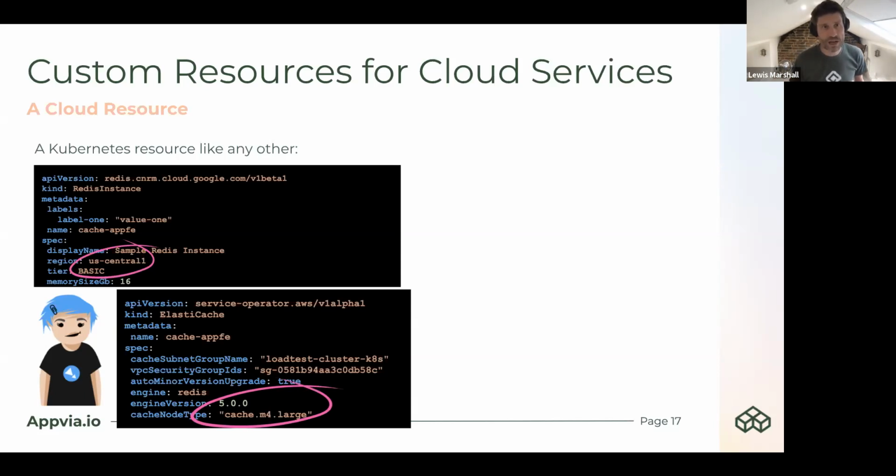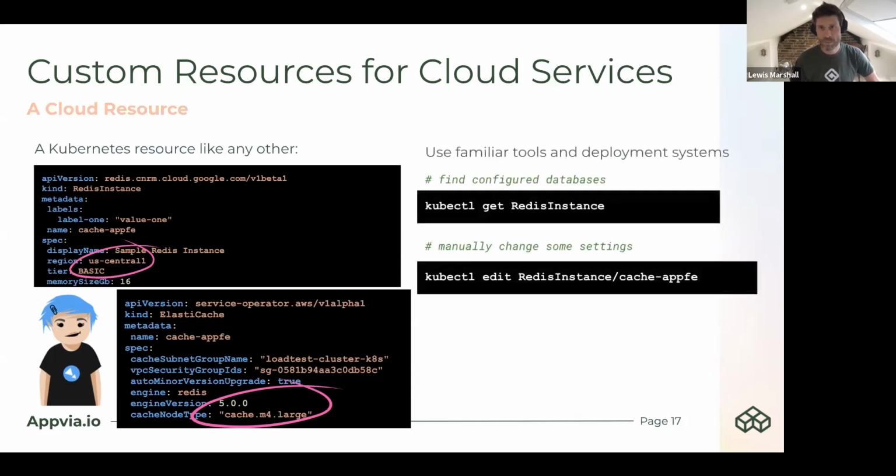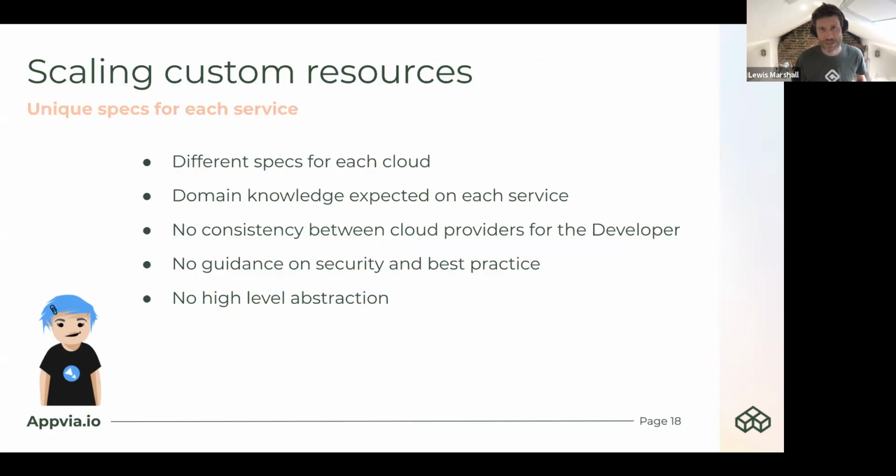And as a developer, it's not quite clear as to what these choices mean, because they mean something to the cloud operator, but not necessarily to a developer or the application domain. It's great to be able to use familiar tools to get cloud services, but not if they need brokering again by different specialist knowledge.